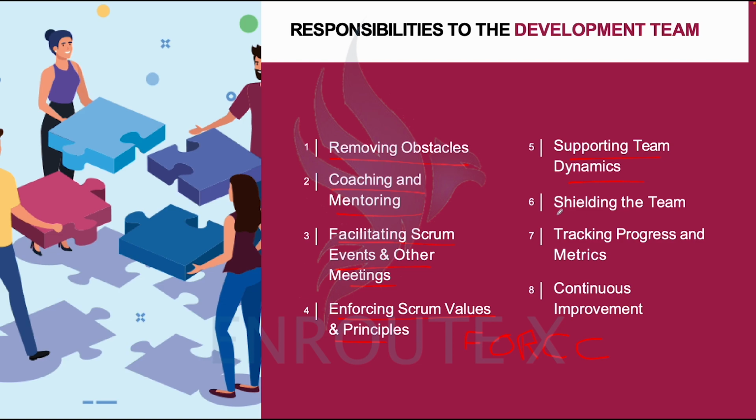Then, of course, I've mentioned in one of the previous classes that the Scrum Master is there to protect the team members, to shield the team members. One of the ways the Scrum Master does that is to make sure that the stakeholders are not sending tasks directly to the developers.